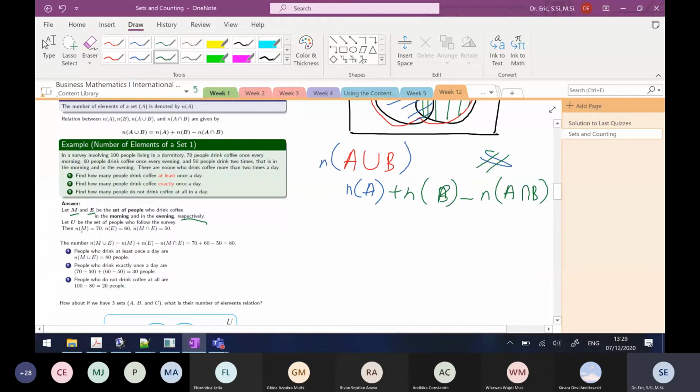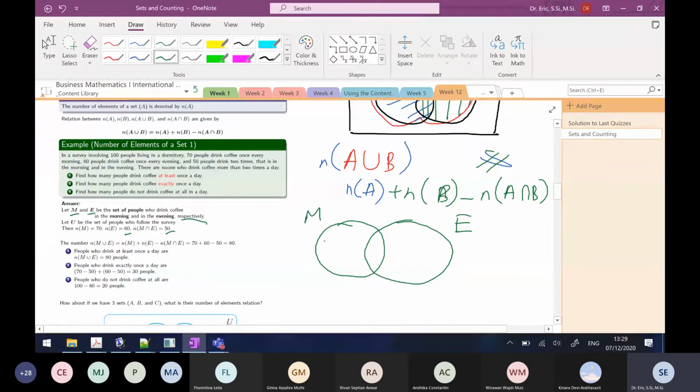And then you have N(M), the number of people who drink coffee in the morning, is 70, based on this. And the number of elements who drink coffee in the evening is 60. Don't forget, there can be the intersection, that is, drinking coffee in the morning and the evening, that is 50. So I can look at this like this. This is the morning, this is the evening.